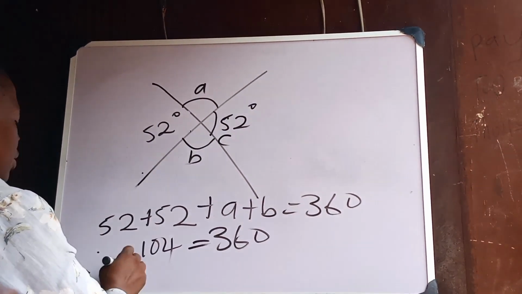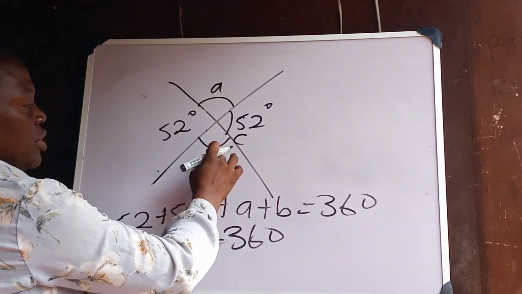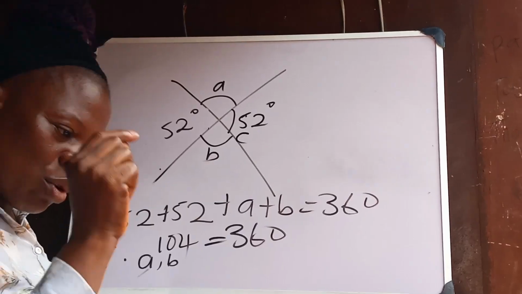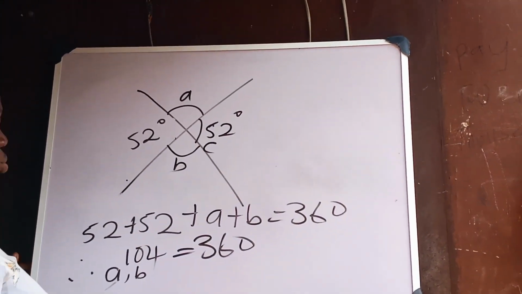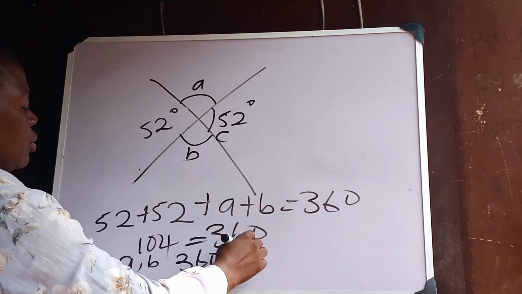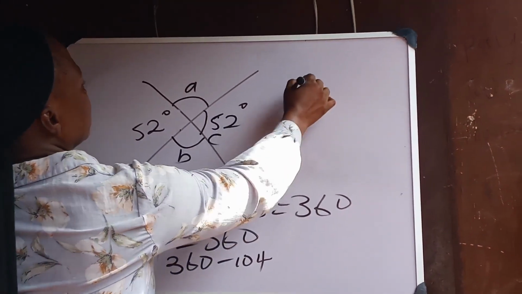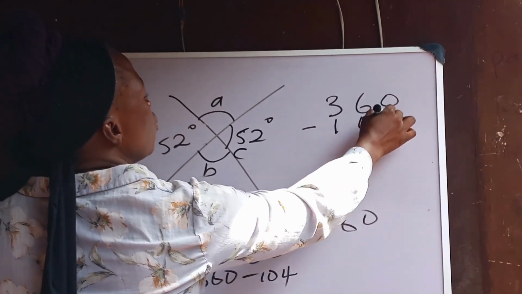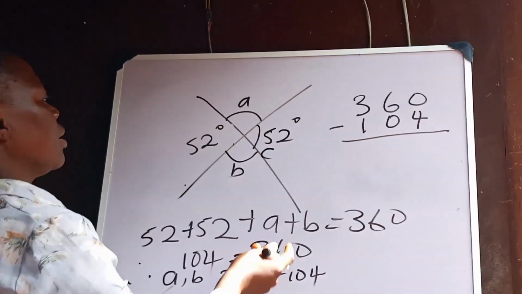Therefore, for us to find A and B, which are vertically opposite each other and must be equal, we say 360 minus 104. Let's do it.